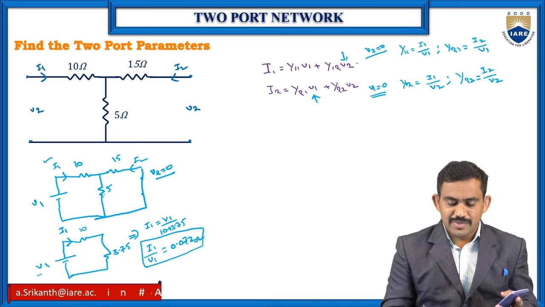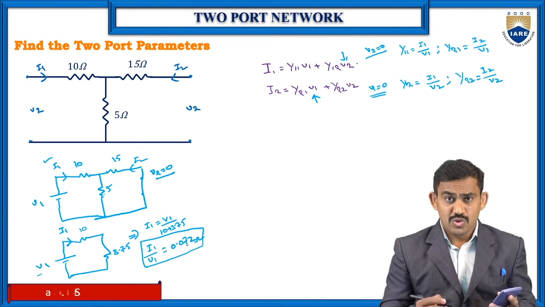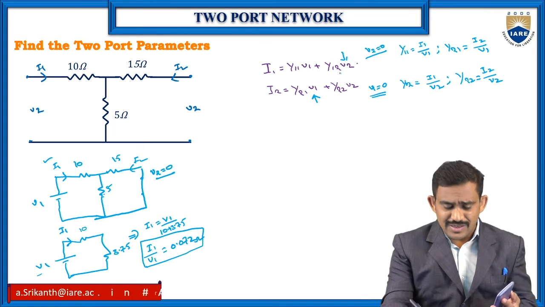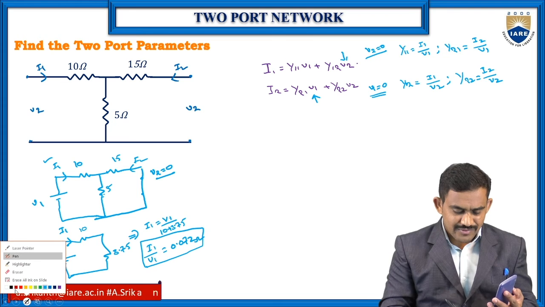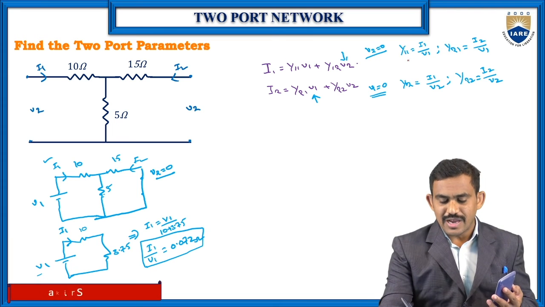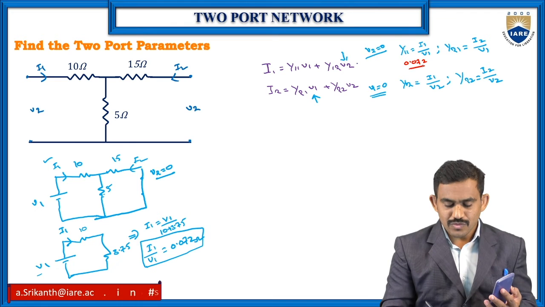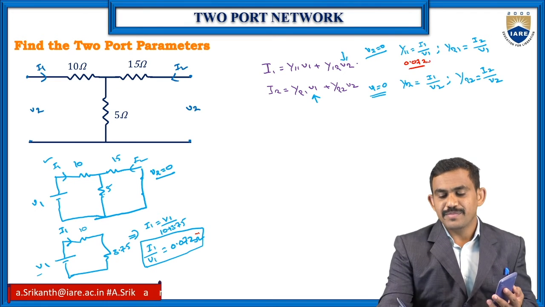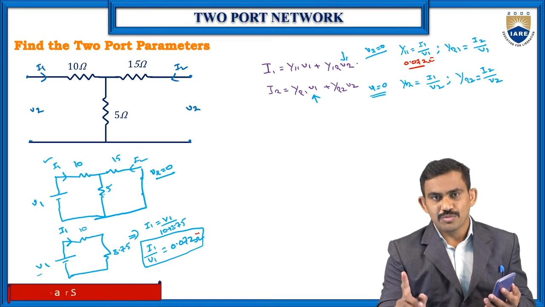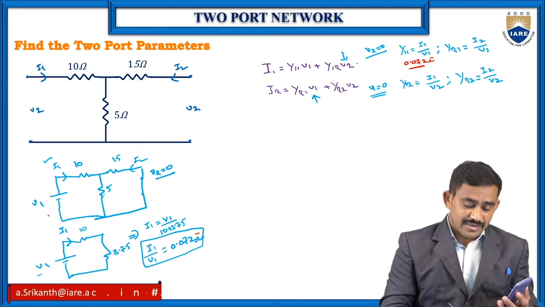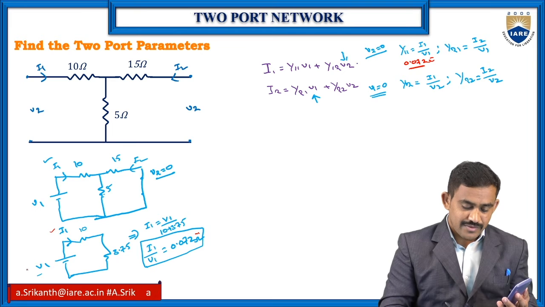I1 by V1 equal to 1 by 13.75, and 1 by 13.75 is 0.072. Same thing which we had earlier. So the Y11 value is 0.072 ohms inverse. Impedance means ohms, admittance means ohms inverse. Just remember that. This is when I find I1 and V1.